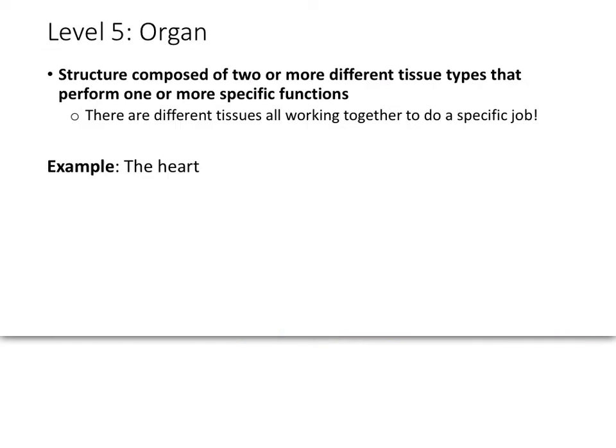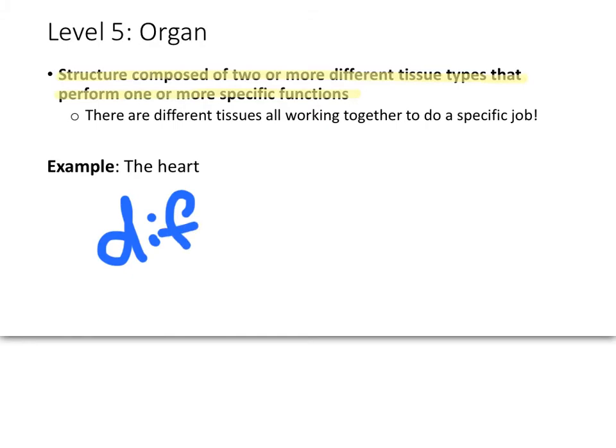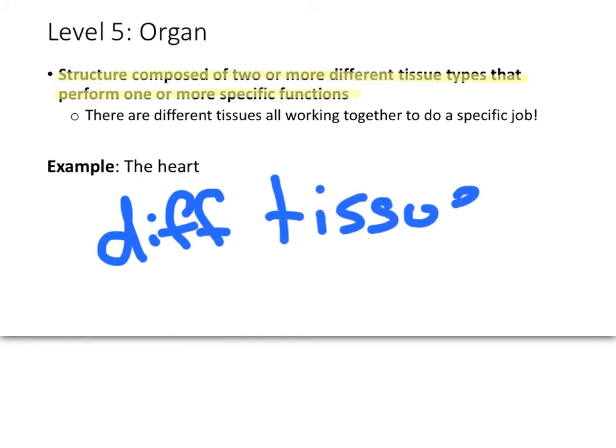Now, organs, their definition is a structure composed of 2 or more different tissue types that perform one or more specific functions. So what this means is an organ has different tissues to do a job.